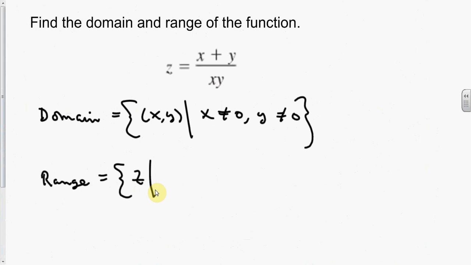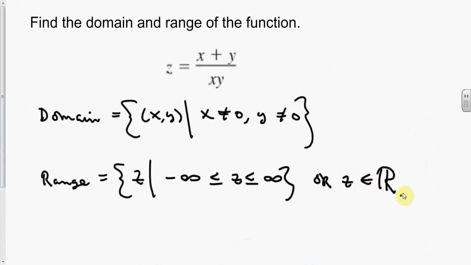If you can answer all three yes, then z is all real numbers. So the set of all values for z, you can write it as negative infinity less than or equal to z less than or equal to positive infinity, or you could say z is any real number.